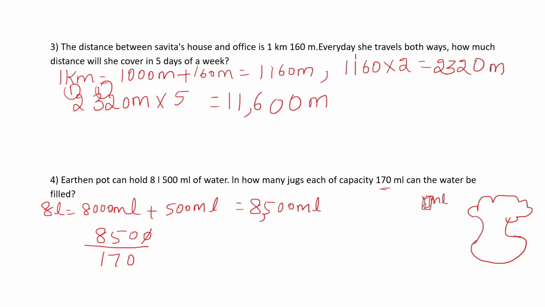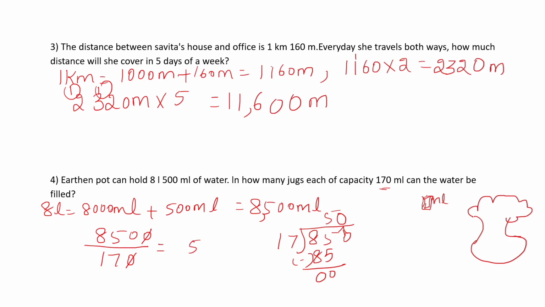So here we'll cancel the zeros. We are left with 850, which has to be divided by 17. Now here 17 fives are exactly 85. 0 is left, so we'll carry 0 as 17 zeros are 0.